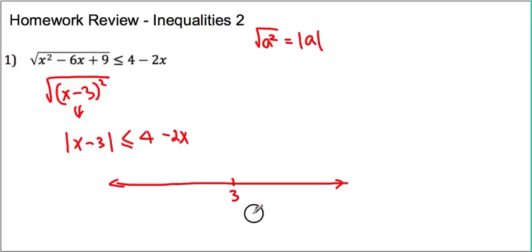So this portion would have x minus 3 is less than 4 minus 2x. On the other hand, when the values of x are less than 3, the absolute value will behave like a negative sign. So we're going to have negative (x minus 3) less than or equal to 4 minus 2x.